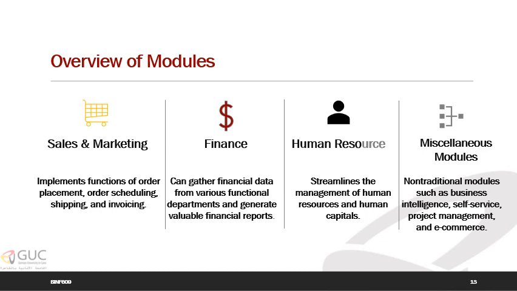Common roles involved are manufacturer, super stockist, distributors, retailers, etc. Supply chain management involves demand and supply management, sales returns and replacing process, shipping and transportation tracking, etc. The miscellaneous modules include non-traditional modules such as business intelligence, self-service project management, and e-commerce.